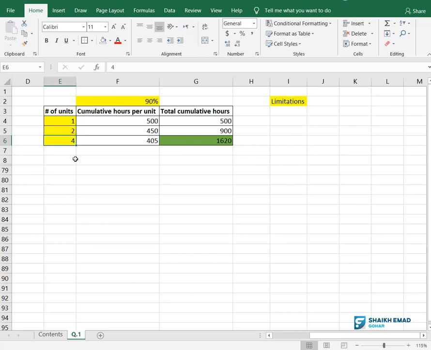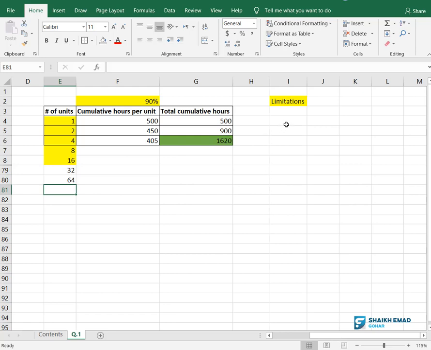Why? Because I told you we need to double the units. So 2 2s are 4. Below this what I will write? 4 2s are 8. Below this? 8 2s are 16. Below this? 16 2s are 32. Then 64. Getting the story, everyone? This is how learning curve goes.